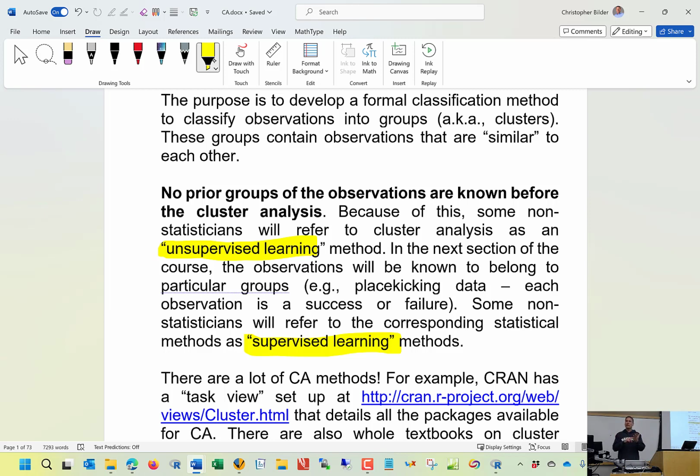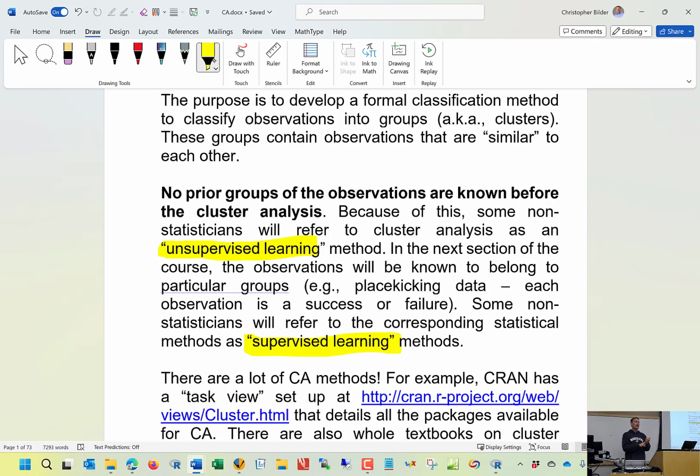They're either successes or failures. We can actually observe that. And given the distance of the place kick, given maybe the wind, given is there pressure on the place kicker to make the kick? Given those extra variables, we would like to be able to predict before the kick actually happened, is this going to be a success or is this going to be a failure?